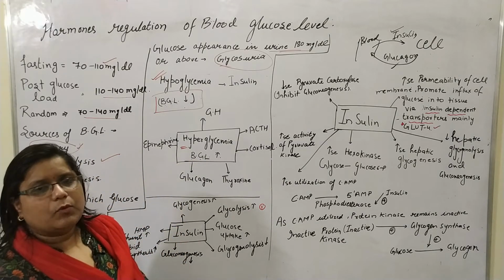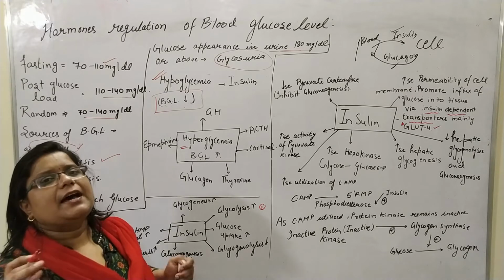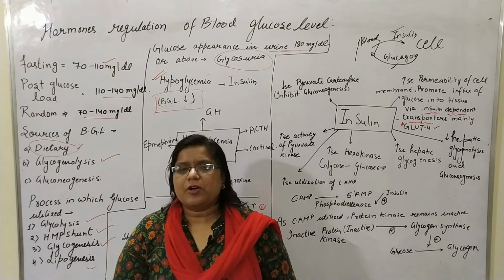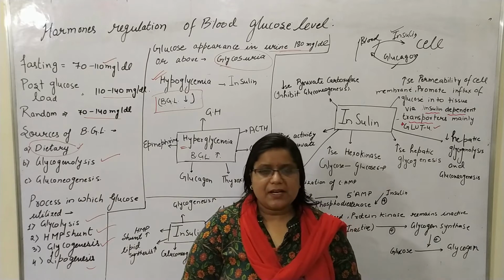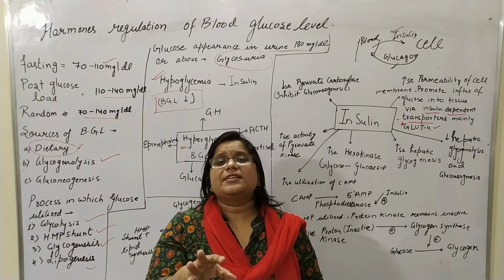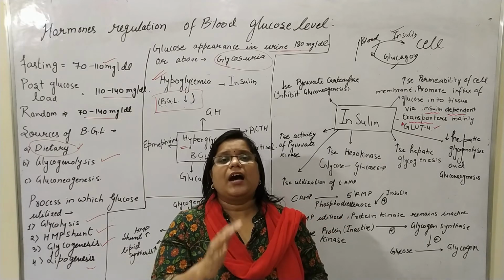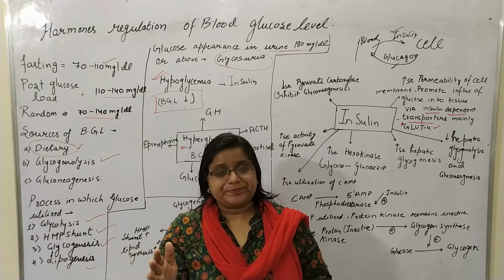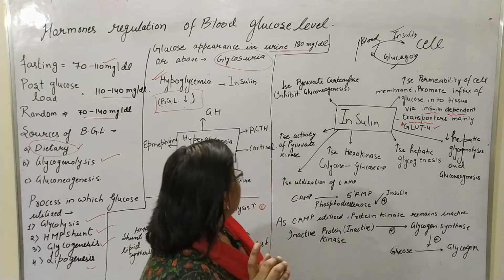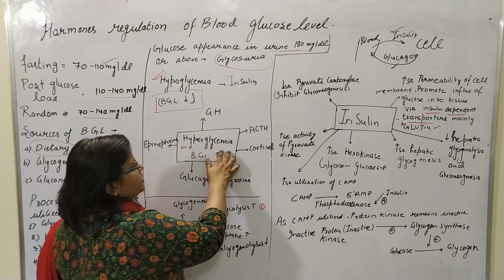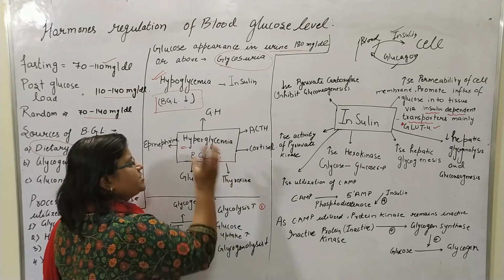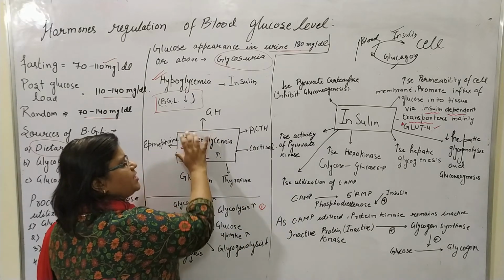The hypoglycemic hormone is insulin. In our blood, only insulin is responsible for lowering our blood glucose level. But in the hyperglycemic condition, there are many hormones responsible.